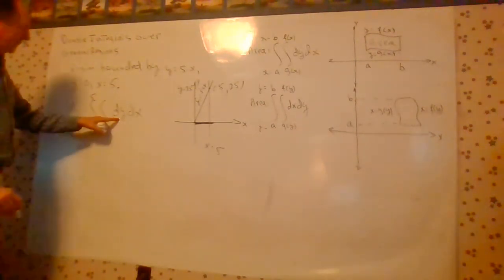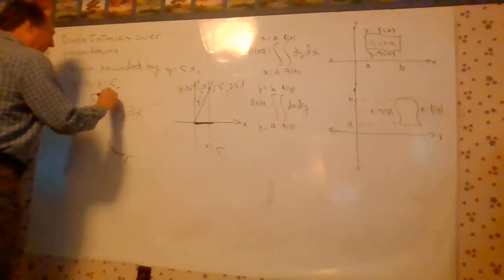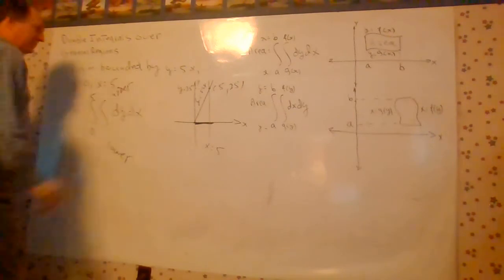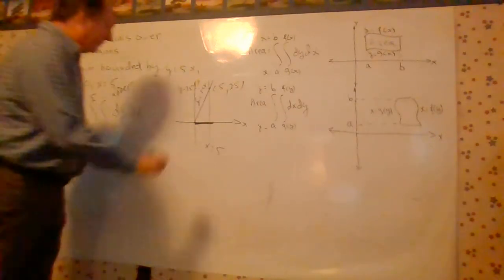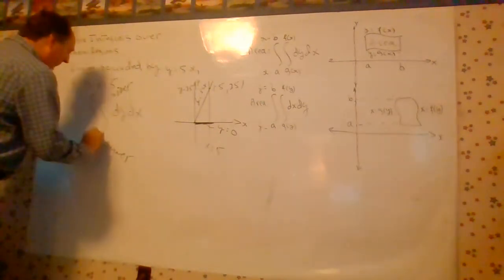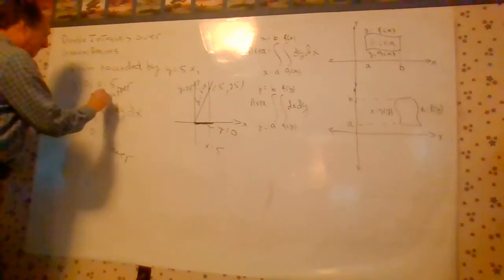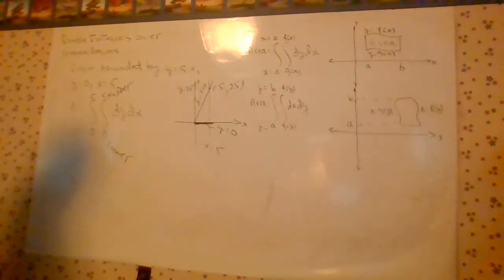And then the way of thinking for y is lower to upper. Okay, the lower curve is right here, y equals 0. So we go from 0 to y equals 5x. That integral should do it. You can go ahead and evaluate that.